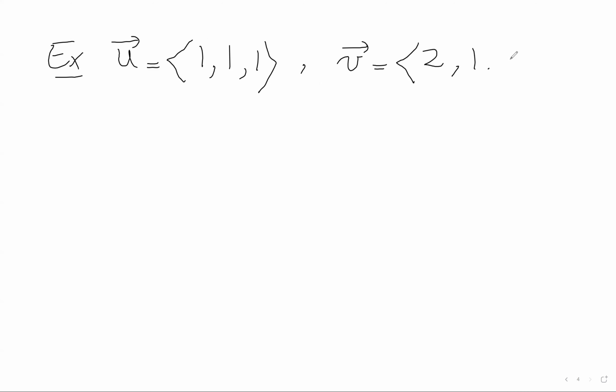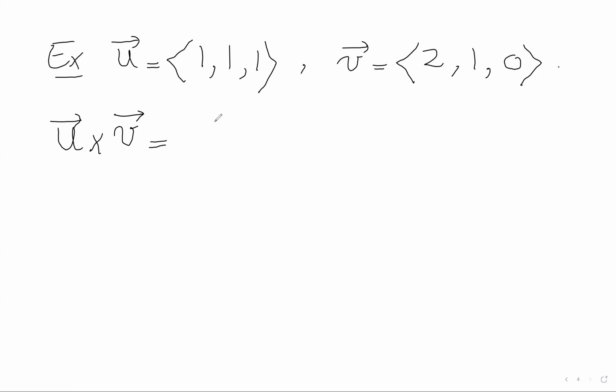First example: let U be (1, 1, 1), and vector V be (2, 1, 0). So I want to compute U cross V.